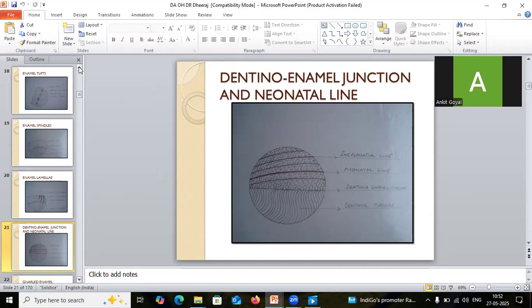Next is the neonatal line. In a deciduous tooth and in the permanent first molar, enamel is deposited partly before birth and partly after birth.